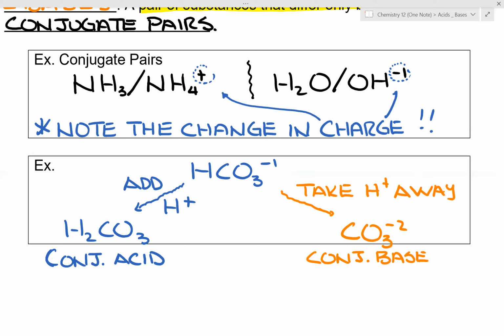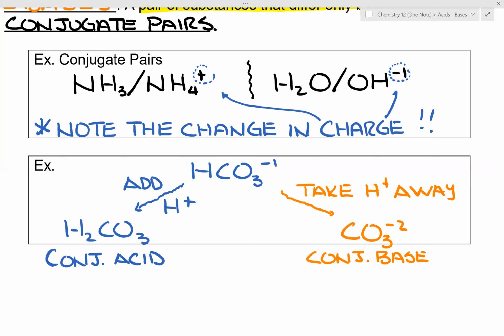And if I said, what is the conjugate acid of HCO3 minus 1? You add a proton, so it becomes H2CO3, and you increase the charge by 1. Now, if you really wanted to understand the reason why, you could think of it like this. Why is H2CO3 the conjugate acid of HCO3 minus 1?